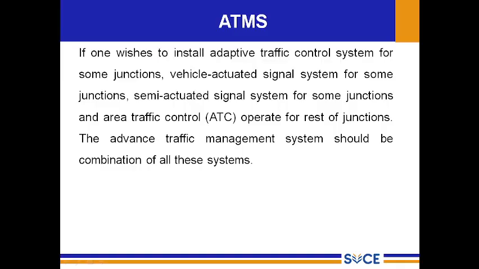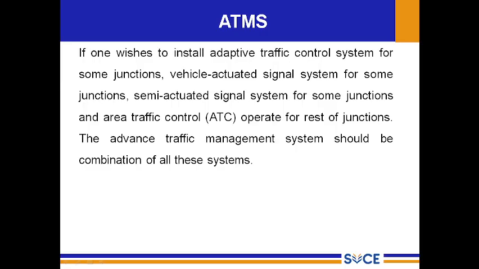One may install an adaptive traffic control system for some junctions, a vehicle-activated signal system for some junctions, a semi-activated signal system for some junctions, and area traffic control for the rest of the junctions. So these different kinds of signaling systems can be adopted for efficient operation of traffic in a city.